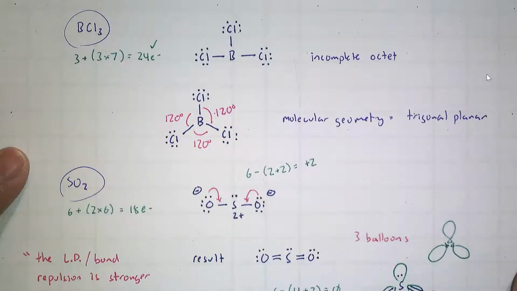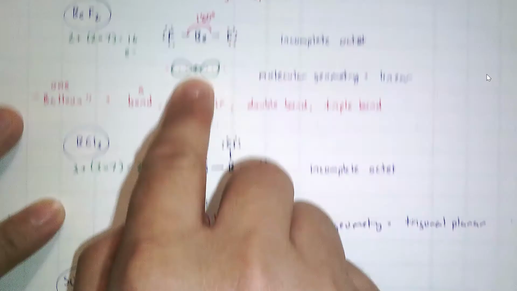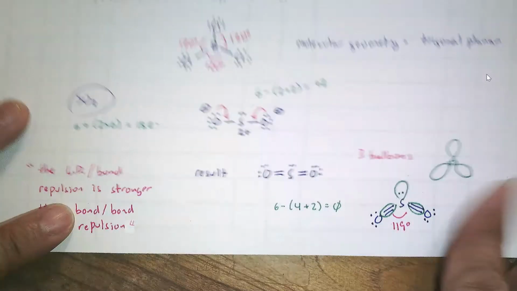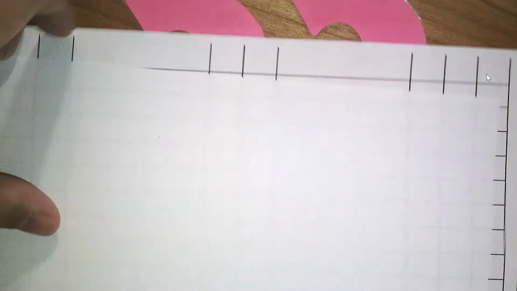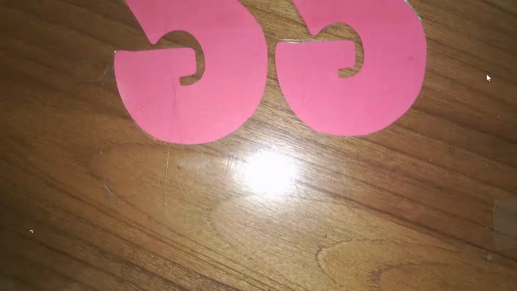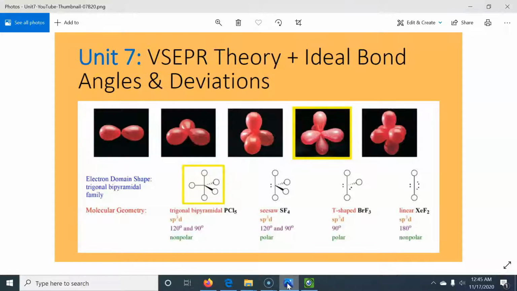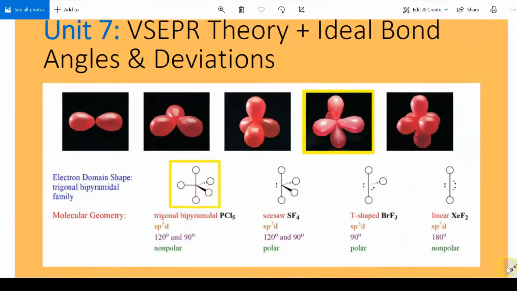Okay. So far, we've seen an example with 2 balloons and an example with 3 balloons. And really, the system where you'll see very distinct deviations from ideal is the example with 4 balloons. Before I give you those examples, let's go back to the cartoon and look at the 4 balloons.